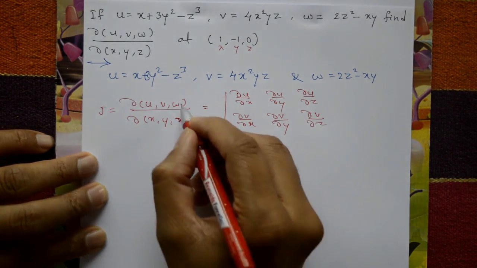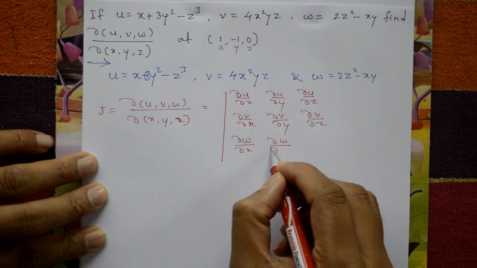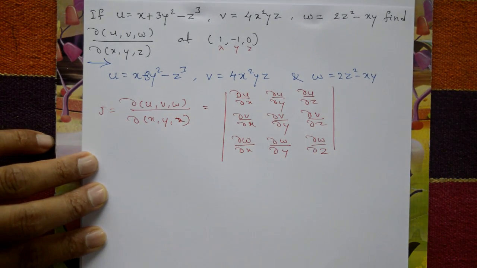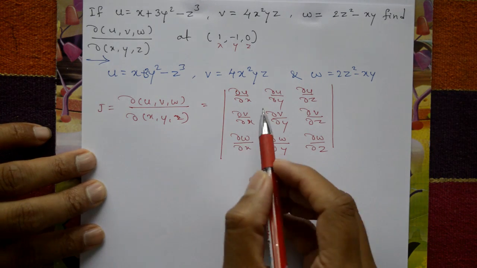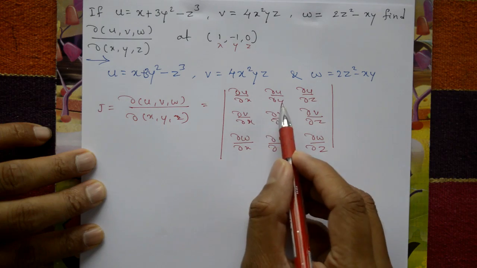Now third row w: ∂w/∂x, ∂w/∂y, ∂w/∂z. Okay, now differentiate u with respect to x, y, z.